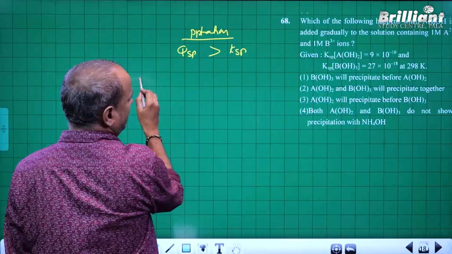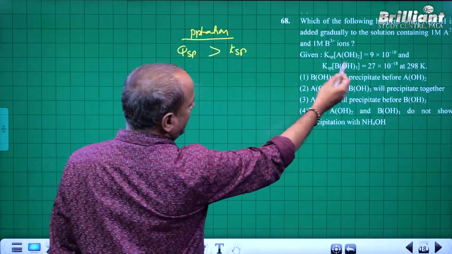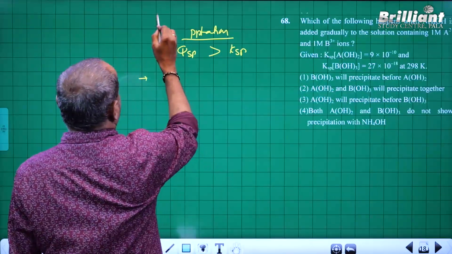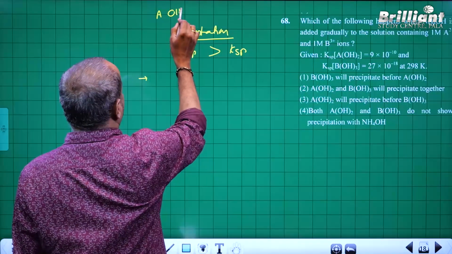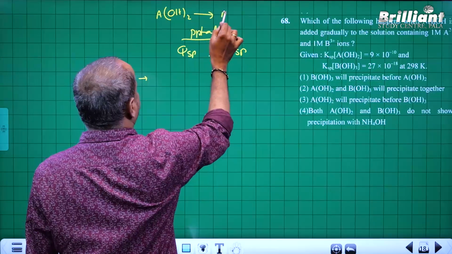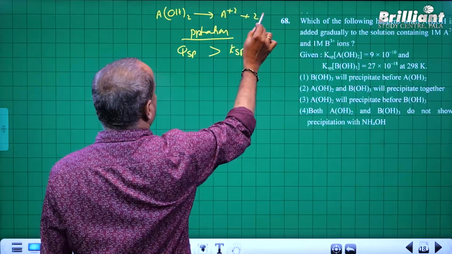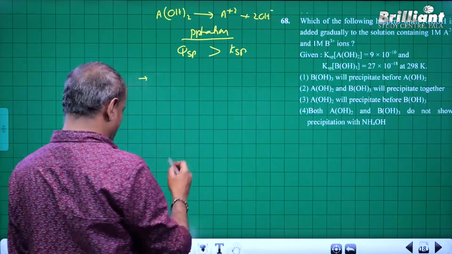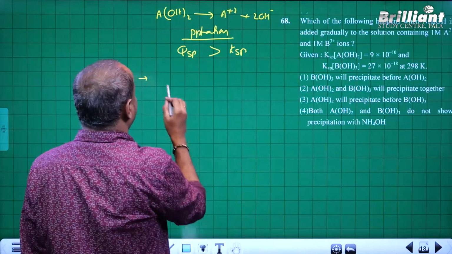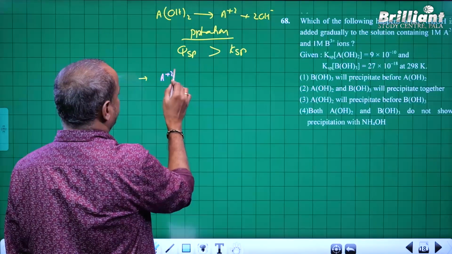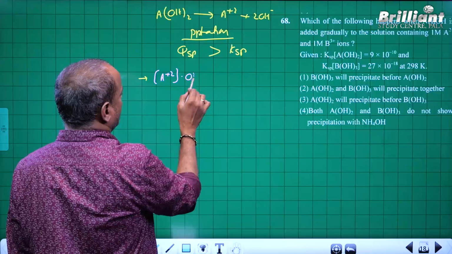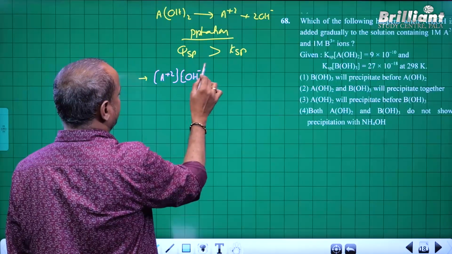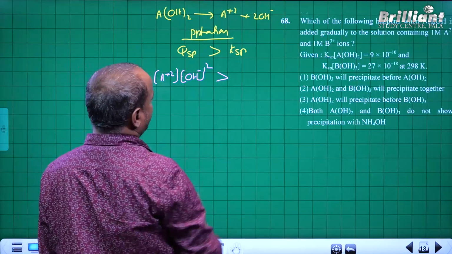First compound is A(OH)2, which means A2+ and 2 OH- ions. So how to write Qsp? A2+ concentration into OH- whole square greater than Ksp.